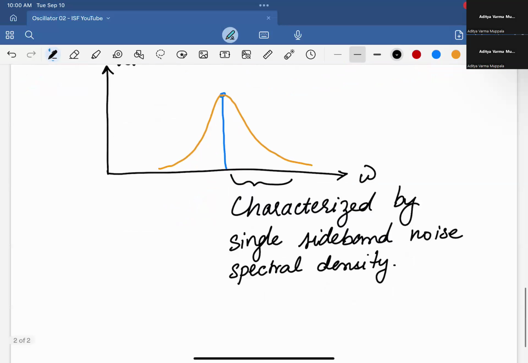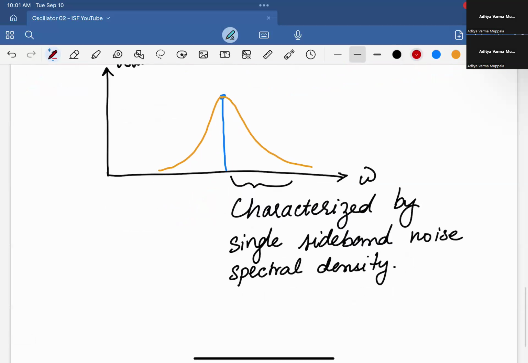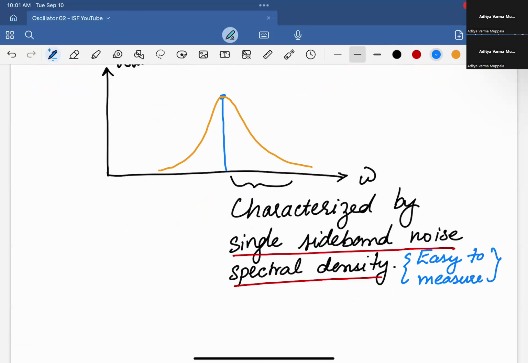There are many other ways to characterize the spread, but this is the easiest way to measure it, so that's why this is generally used. It is easy to measure using a spectrum analyzer.